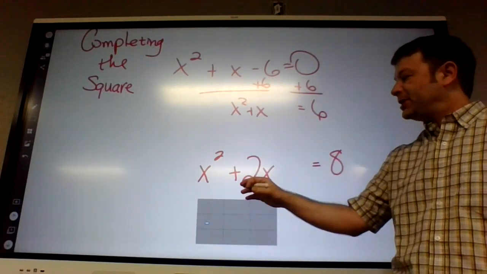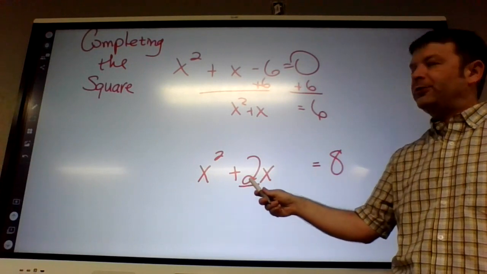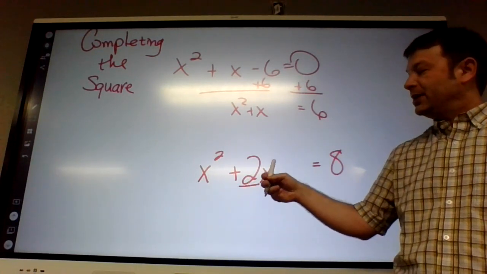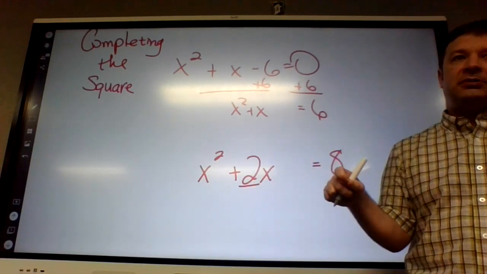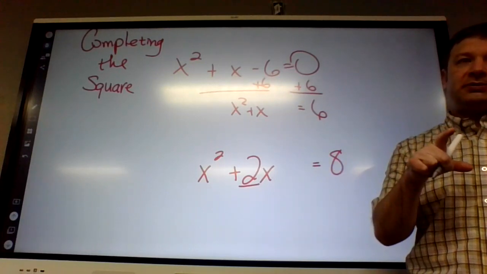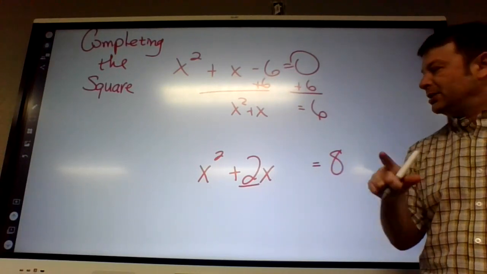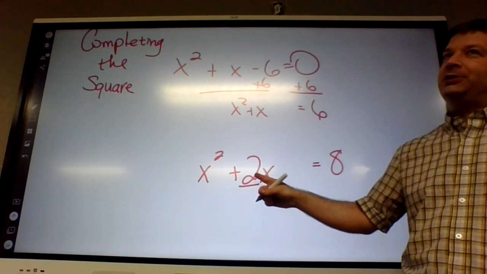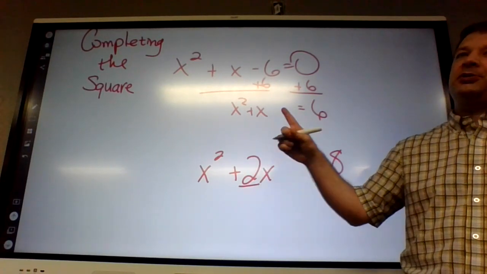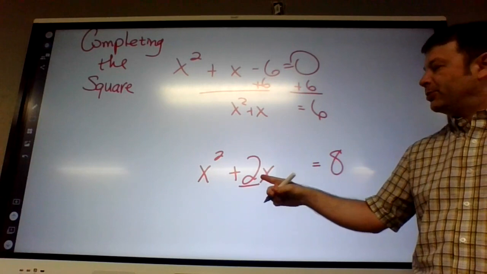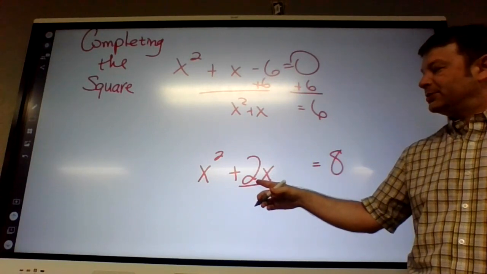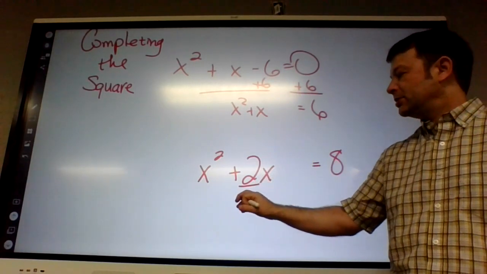So what you do is you take the coefficient of the x term, you divide it by 2, and then you square it. What is 2 divided by 2? 1.